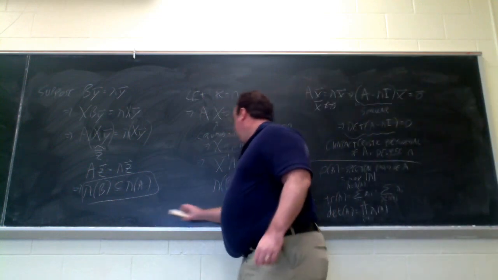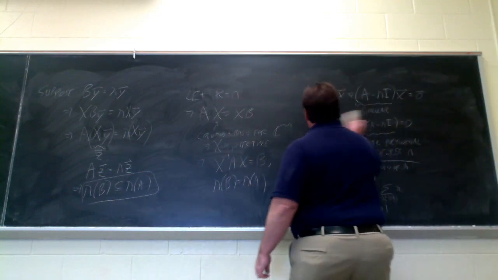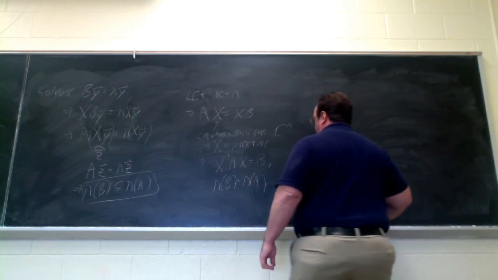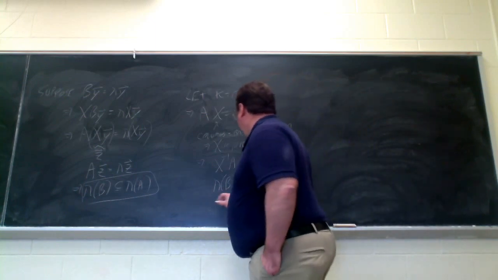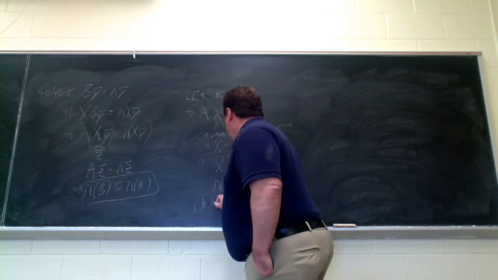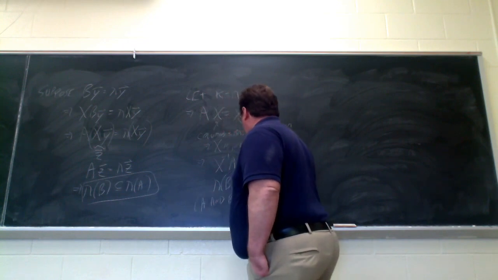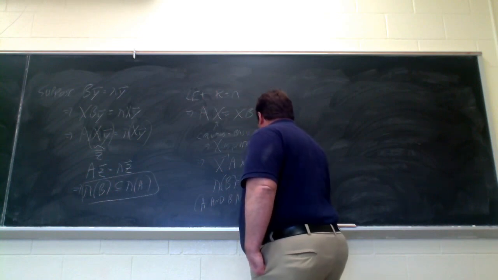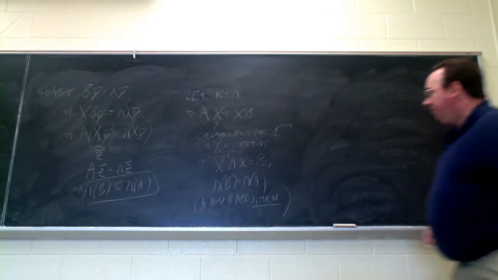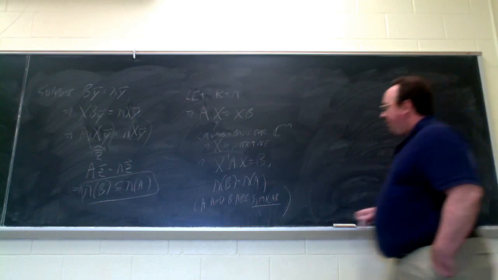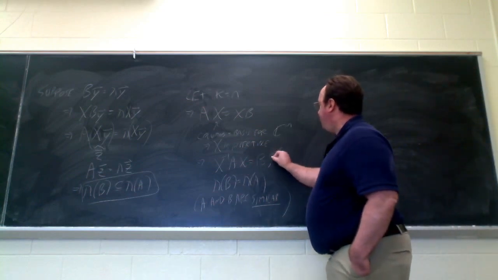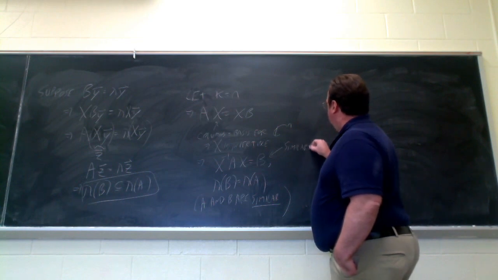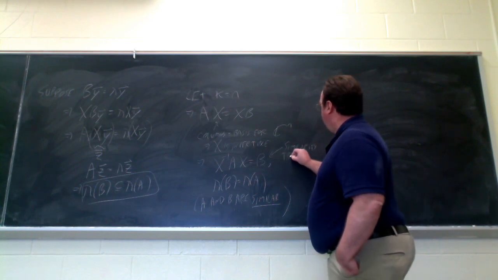Okay. So when that happens, we say that A and B are said to be similar. And this relationship between A and B is called a similarity transformation.